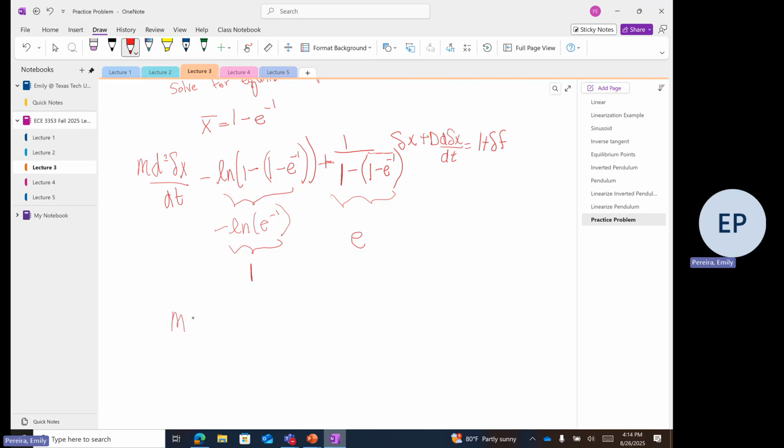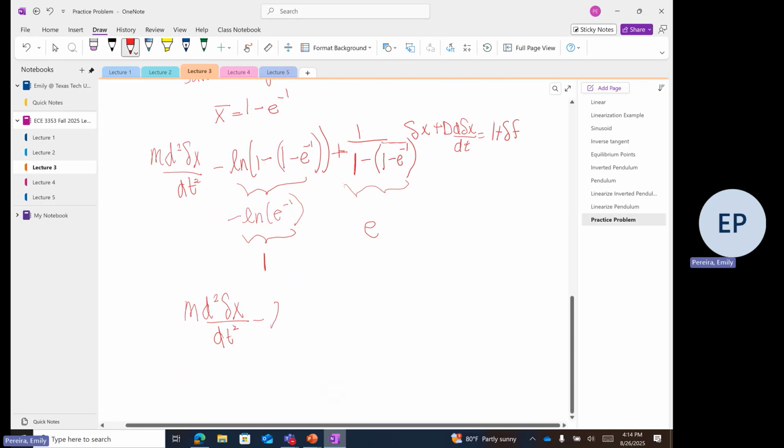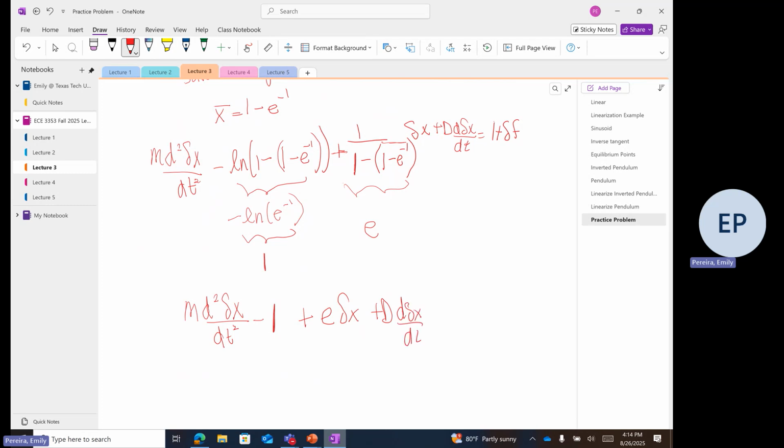Okay, so we have the following, and I forgot this little squared here. So this is minus 1 plus e delta x plus d times the derivative of delta x with respect to t is equal to 1 plus delta f.